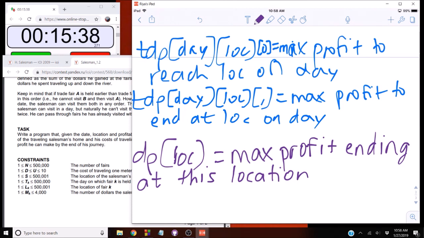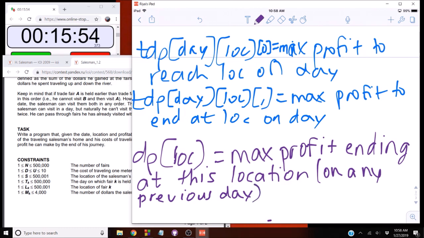Okay, and of course, this is on a previous day. But we don't care which previous day, it's just on a previous day. Okay, cool. So now we need a formula to calculate TDP0 and TDP1.